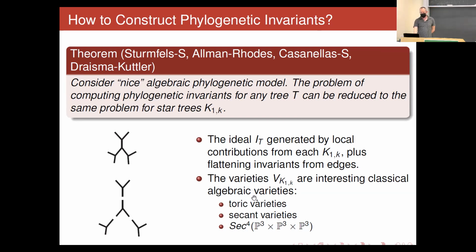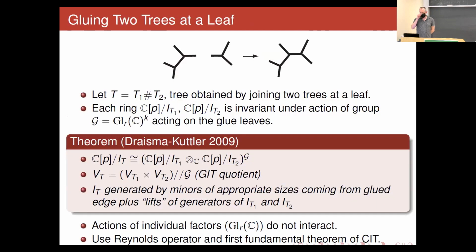There's one example that for some reason got a ton of attention, which was the fourth secant variety of the Segre product of three copies of P3. But anyway, there are varieties like that, classical combinatorial algebraic varieties. So how does this general theorem of Drysma and Cutler work?